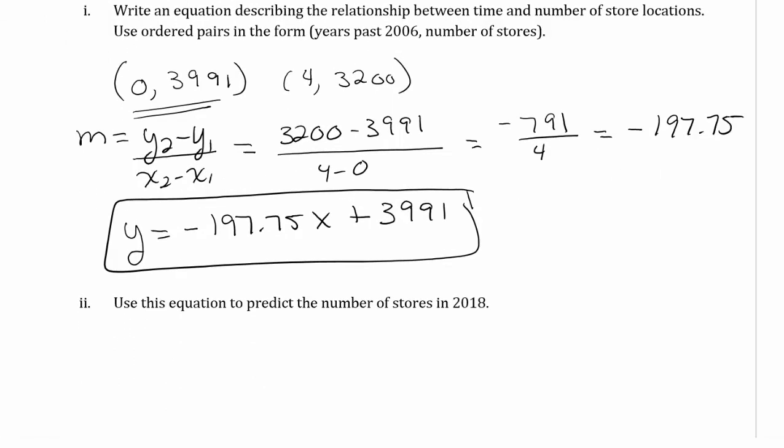Now use this equation to predict the number of stores in 2018. So number of years after 2006 is our x value, and the number of years 2018 is beyond 2006 is 12. So we want to plug in 12 for x.